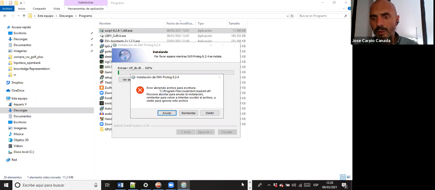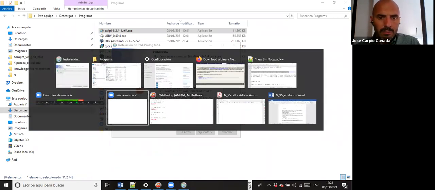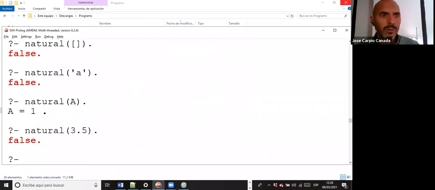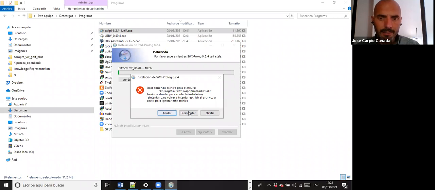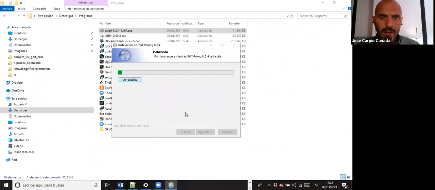Okay, I don't know what happened. I know. I have this program open, so I have to close that window. Probably it's only that. Okay, now it's working. Sorry, the problem was I had this window previously open.